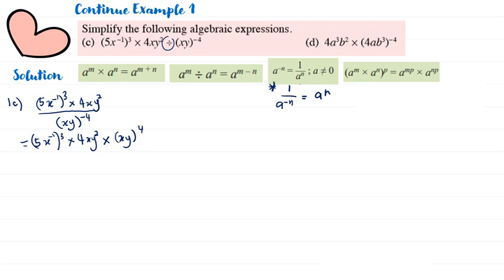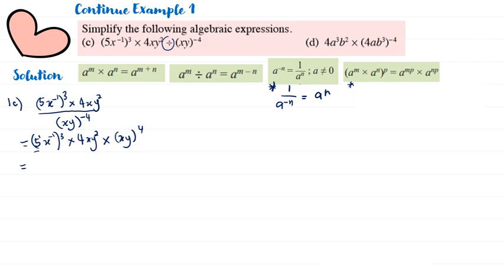Okay, next we apply the fourth rule, which is bracket. We need to expand and multiply the index outside the bracket with the index inside the bracket. So for the first one, remember that this 5 is also a base with index power of 1.